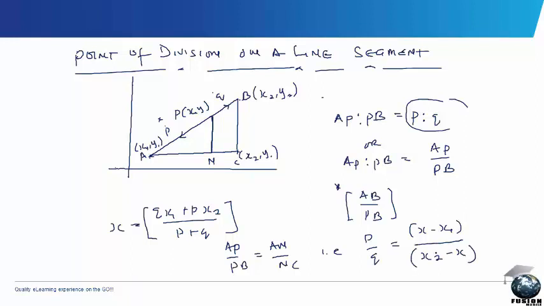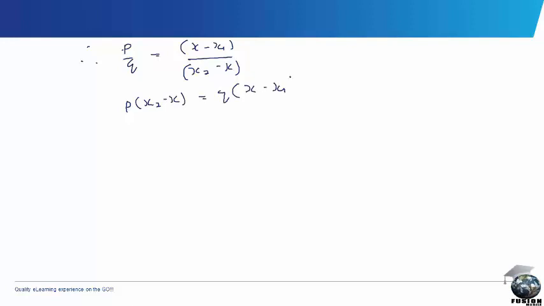Alright, and so therefore we will cross multiply. We had PQ is equal to x minus x1, and then x2 minus x. Okay, and so we have P of x2 minus x is equal to Q of x minus x1.